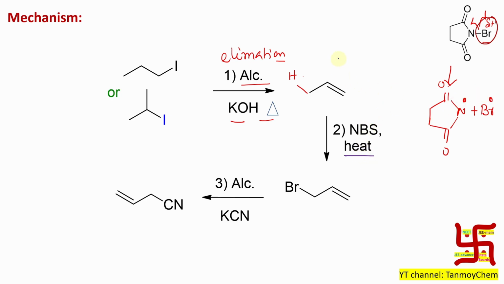Now next step, this Br dot will abstract this hydrogen. What is the benefit? In this way, it will result in this allyl radical. And remember, these allyl radicals are resonance stabilized. What do I mean? You may think that one electron will come, one will go there.